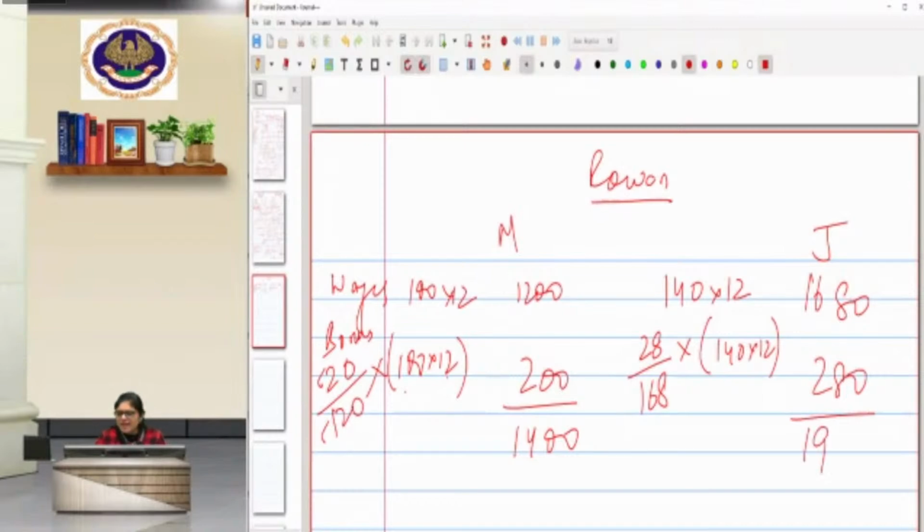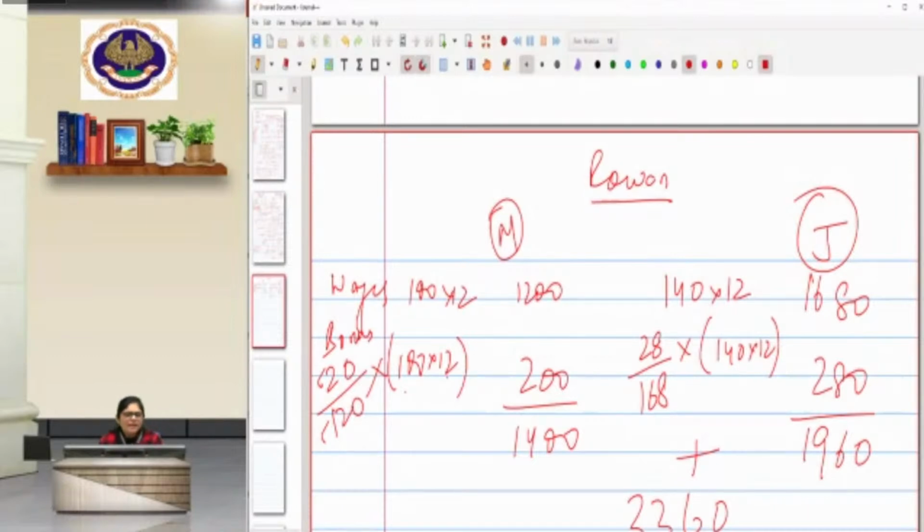So 1960 if the Rowan system has been followed for M and for J. So the total loss if we follow the Rowan system is 3360. 3360 is the total loss. I hope you've got the answer. 1680, that is for Halsey. For the Rowan scheme, 1400 in case of M and 1960 in case of J. Students, please calculate under Rowan also.